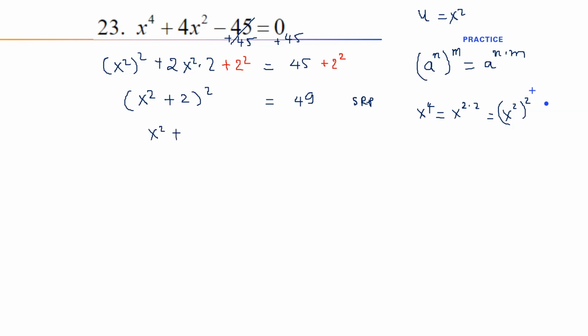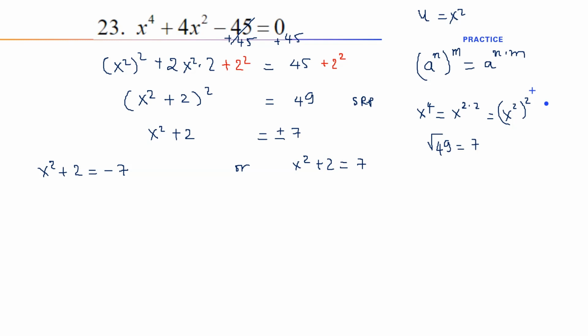So x squared plus 2 equals plus or minus 7. The square root of 49 is 7. Okay, so x squared plus 2 equals minus 7, or x squared plus 2 equals 7.